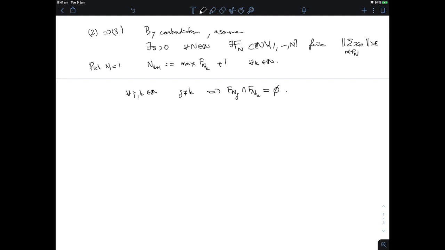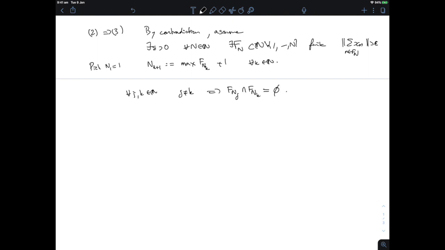is empty. Right, because I've constructed my sequence of natural numbers N_k by picking the N_{k+1} element above the maximum of the F_{N_k}, and so my F_{N_{k+1}} is going to start somewhere above N_k. So I have this disjointness of my F_{N_j}'s.